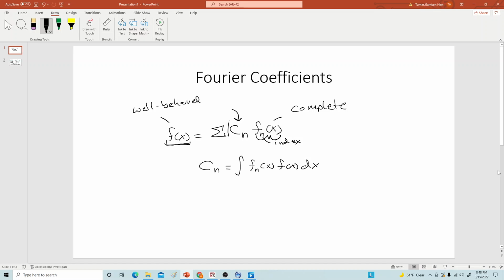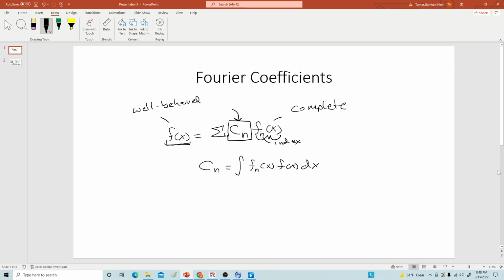So it is the Fourier coefficients that we want to calculate. If we know what set of complete functions we're going to use to expand our well-behaved function, then what we need to know is the strength of each individual contribution for each of those functions.